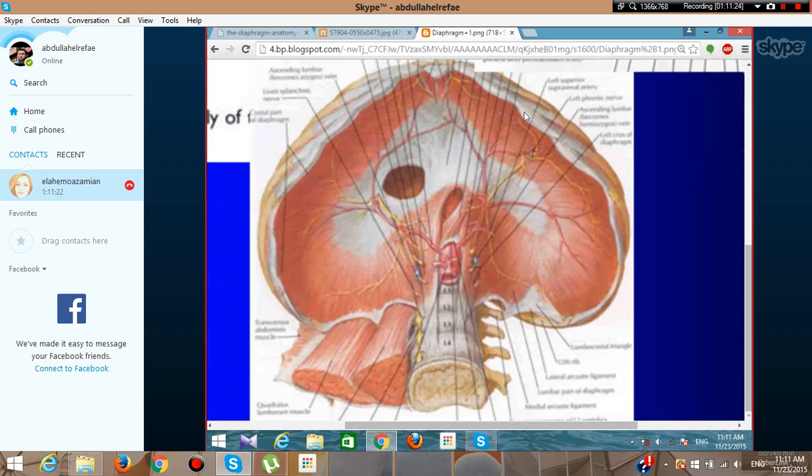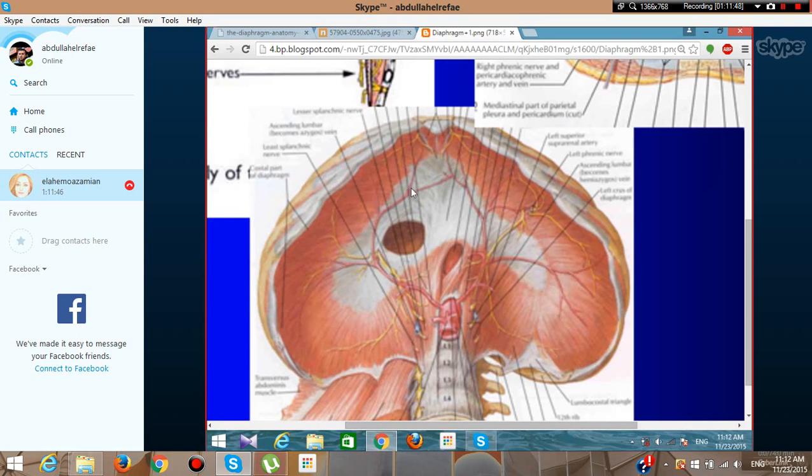The diaphragm is in the cavity. Which branches? Musculophrenic, pericardiophrenic. You also have from the thoracic aorta the superior phrenic artery.